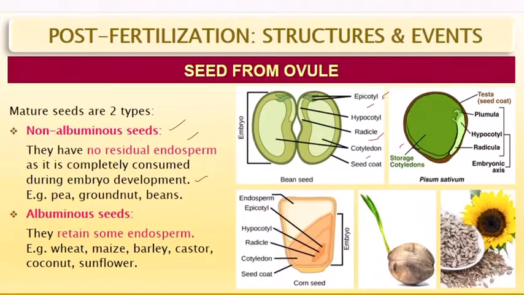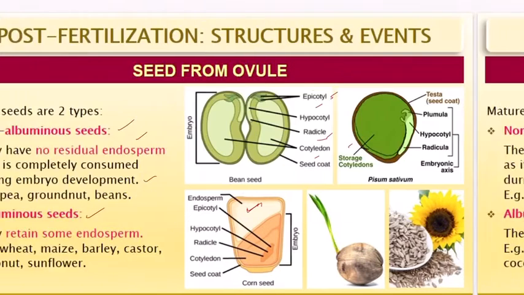And then in a corn seed also you can see there is the presence of the cotyledon, then radicle, hypocotyl, and look at this portion, endosperm. So seeds where endosperm is present like this are called albuminous seeds. So they retain some endosperm.